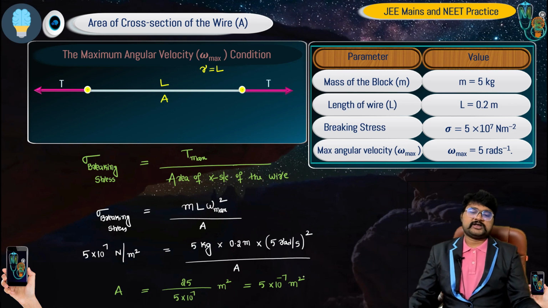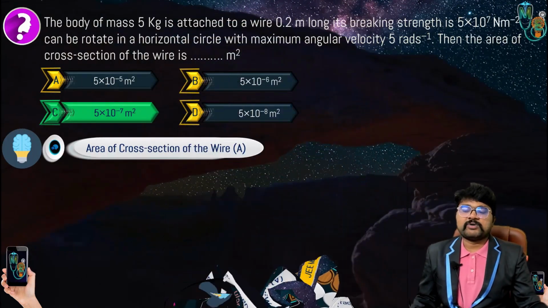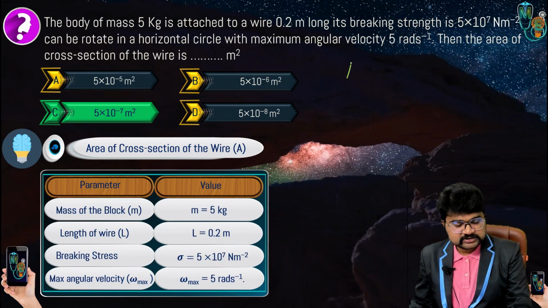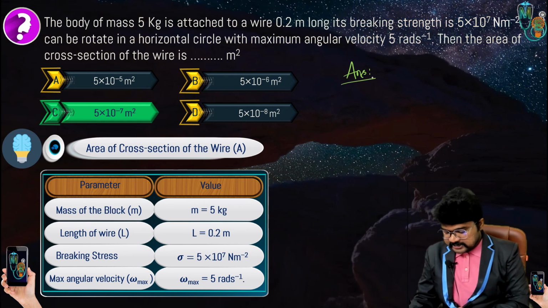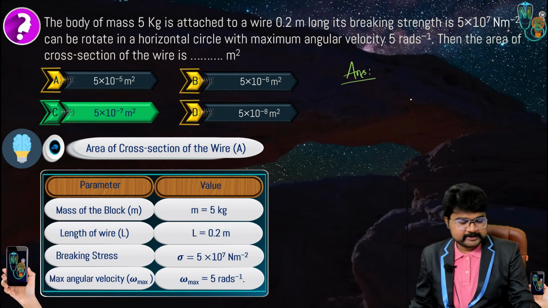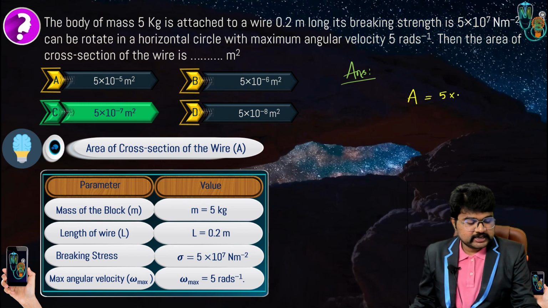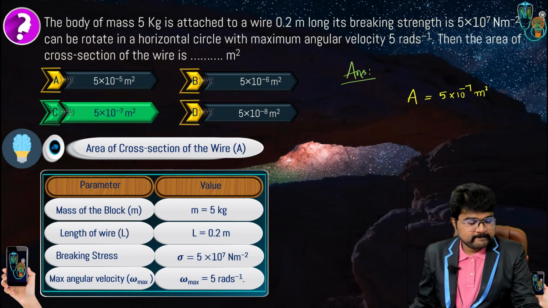This is the final answer to this question. What is the answer to this question? Area of cross section of the wire, 5 into 10 power minus 7 meter square.